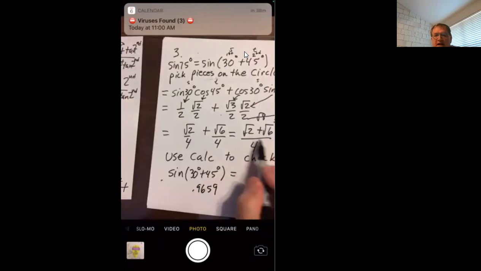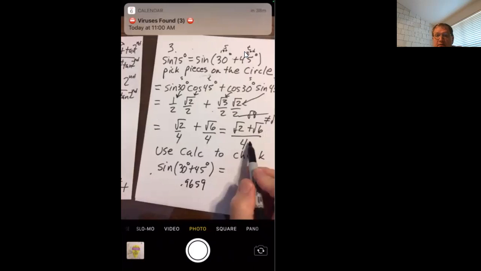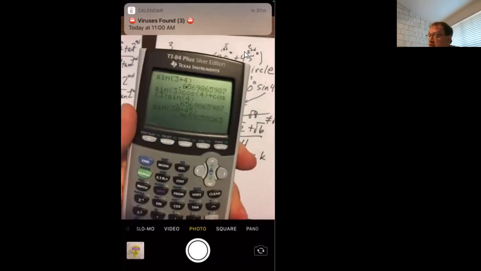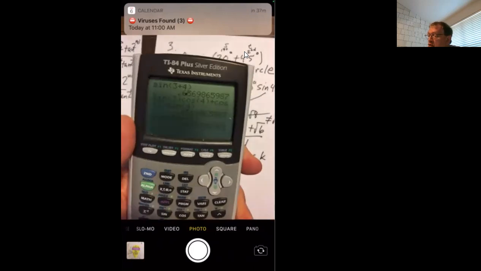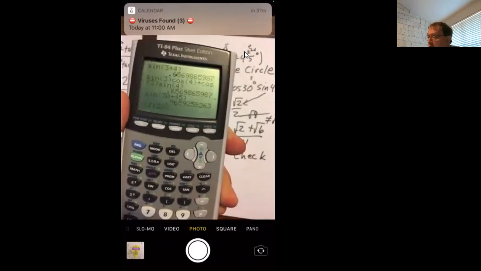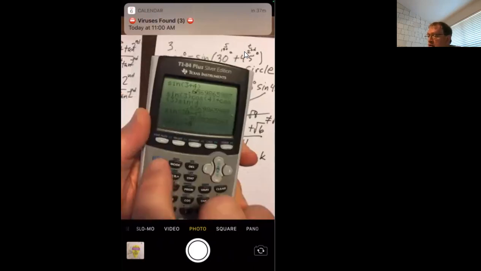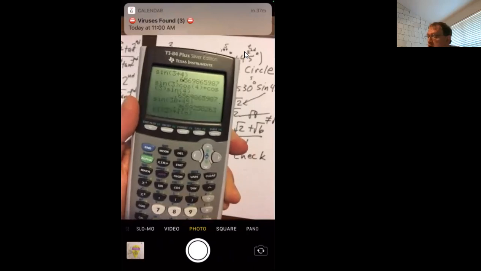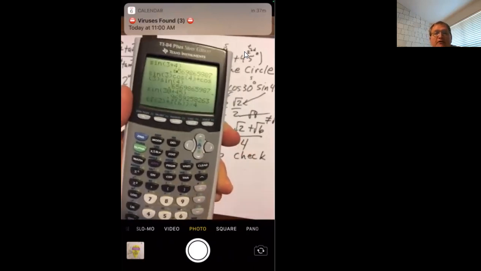Now, this side can be punched in either degree or radian mode. That won't matter. This is just numbers. I'll punch it in: parentheses, square root of 2, add square root of 6, close and divide by 4. Do we have a drum roll?